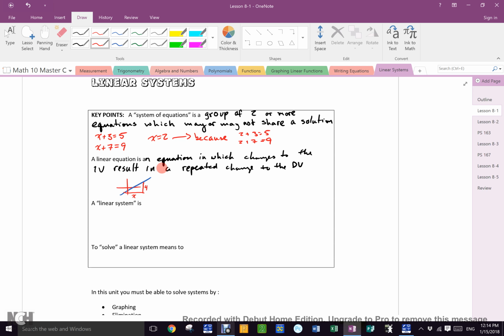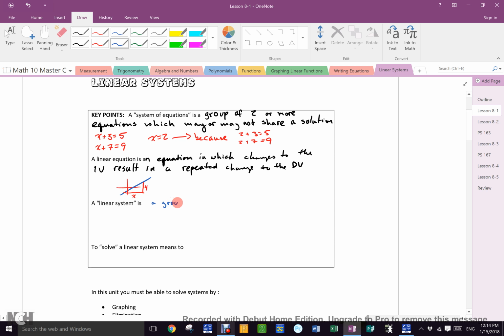Okay. Now, use your Sherlockian powers of deduction to then tell me, you don't need to write it down yet, but tell me, what then must a linear system be? So it's a system, so I must need what?